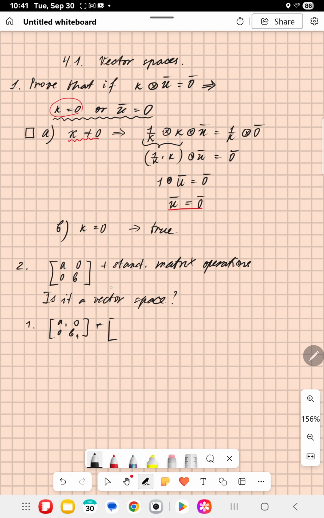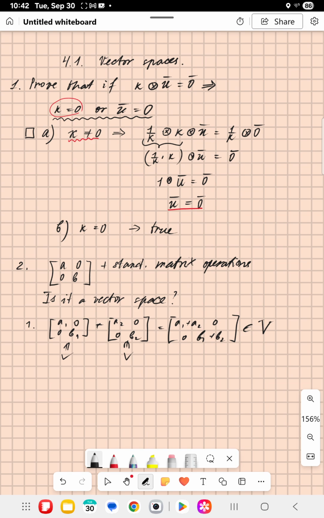It's not a normal addition between numbers, but we remember that when we add matrices, we just add the components, right? So the sum is going to look like A1 plus A2, 0, 0, B1 plus B2. So it's going to belong to the same vector space.